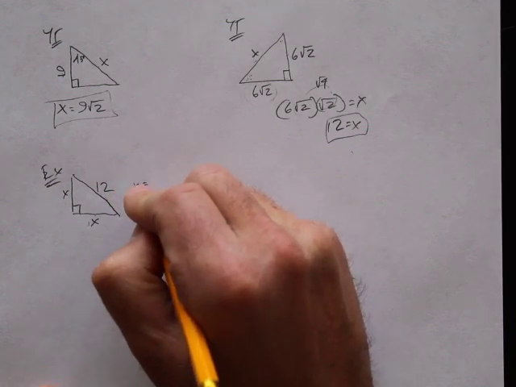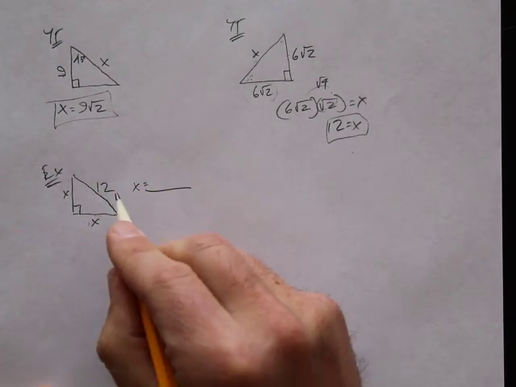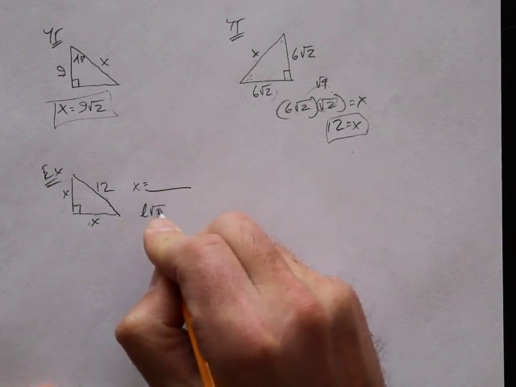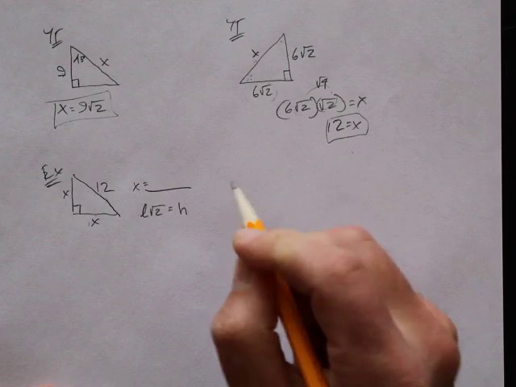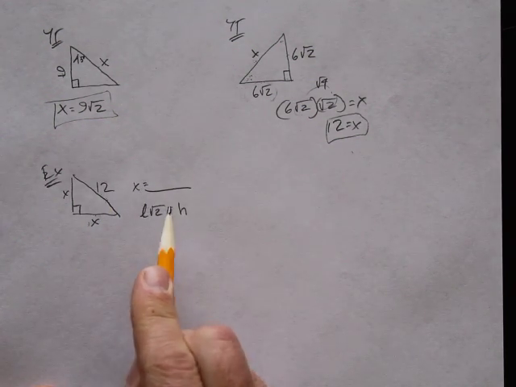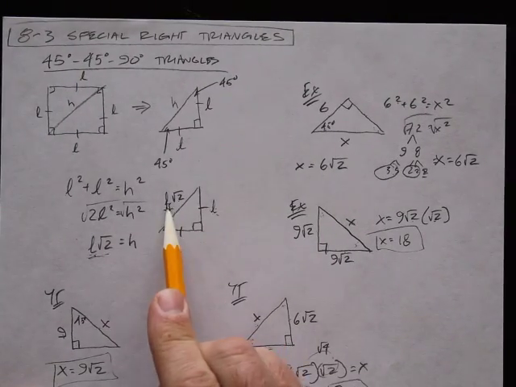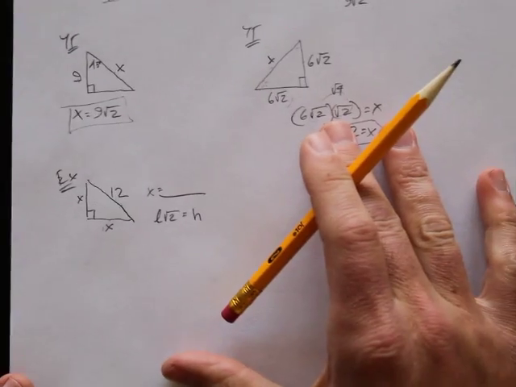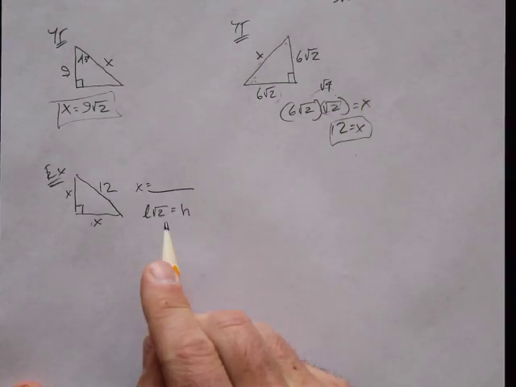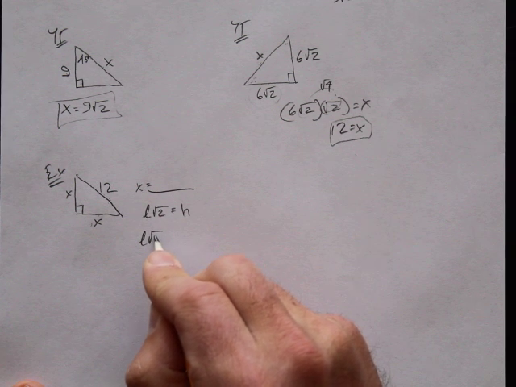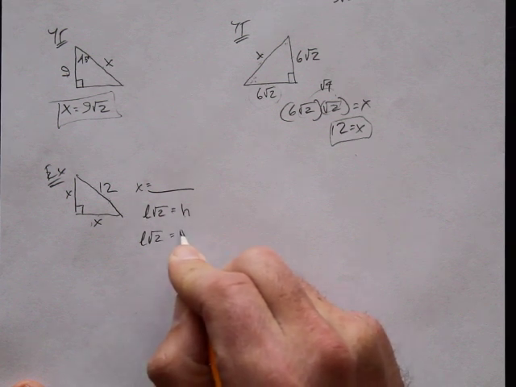So I want to know what x equals here, right? I know that the length times the square root of 2 equals the hypotenuse, just like up here. Okay, so I just wrote that down to help me. Now, I know that the hypotenuse is 12. Length times the square root of 2 is 12.